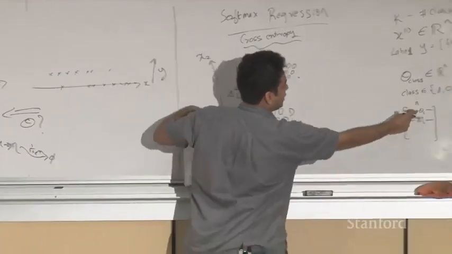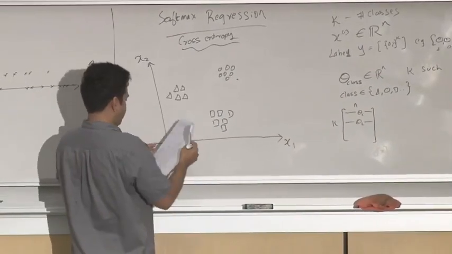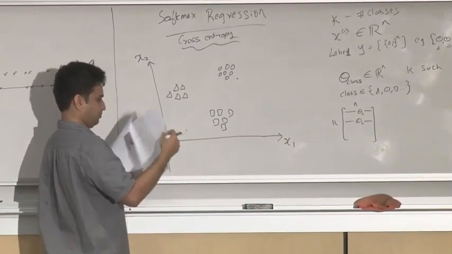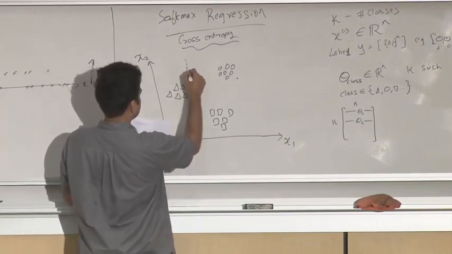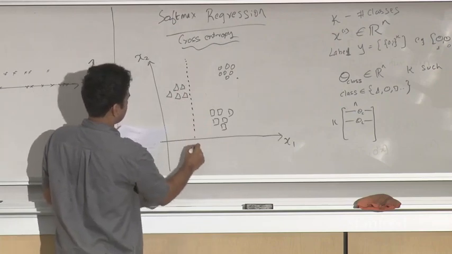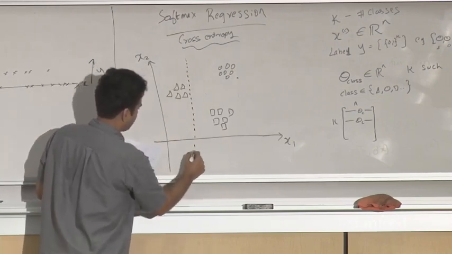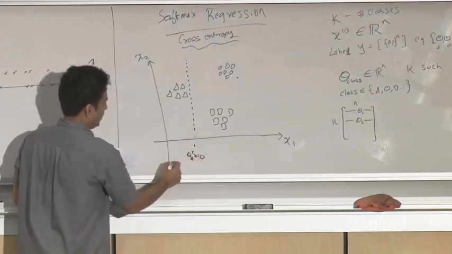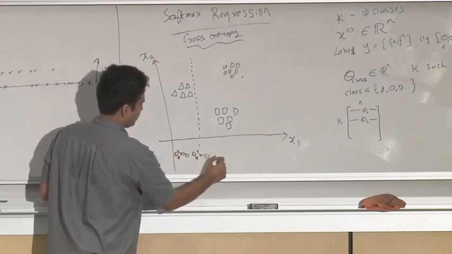So corresponding to each class of parameters, there exists this line which represents, say, theta triangle transpose x equals 0, and anything to the left will be theta triangle transpose x greater than 0, and over here it will be less than 0.